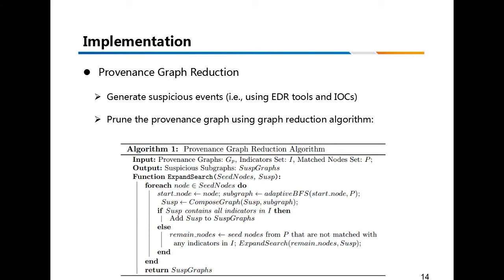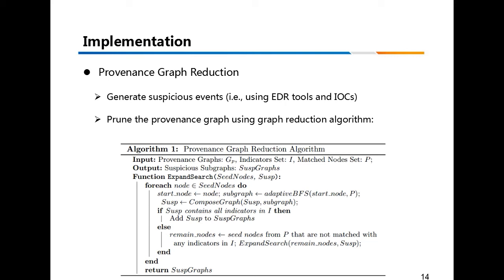The implementation part. In practice, because hosting long-term system logs is prohibitively expensive, analysts attempt to reduce the provenance graph and yet preserve the quality of threat hunting. Before feeding the original provenance graphs into our model, we prune the provenance graph.